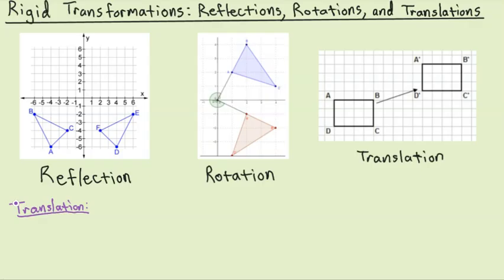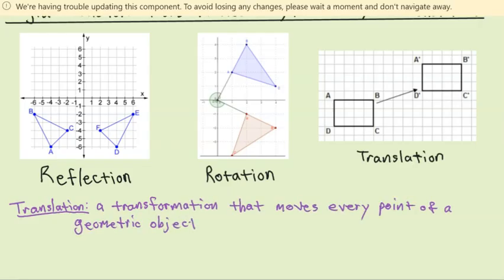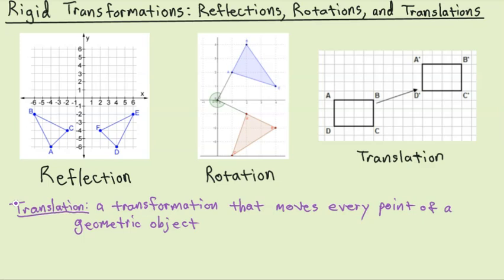All right, now let's get a definition for translation. Translation is a transformation that moves every point of a geometric object the same distance and in the same direction.